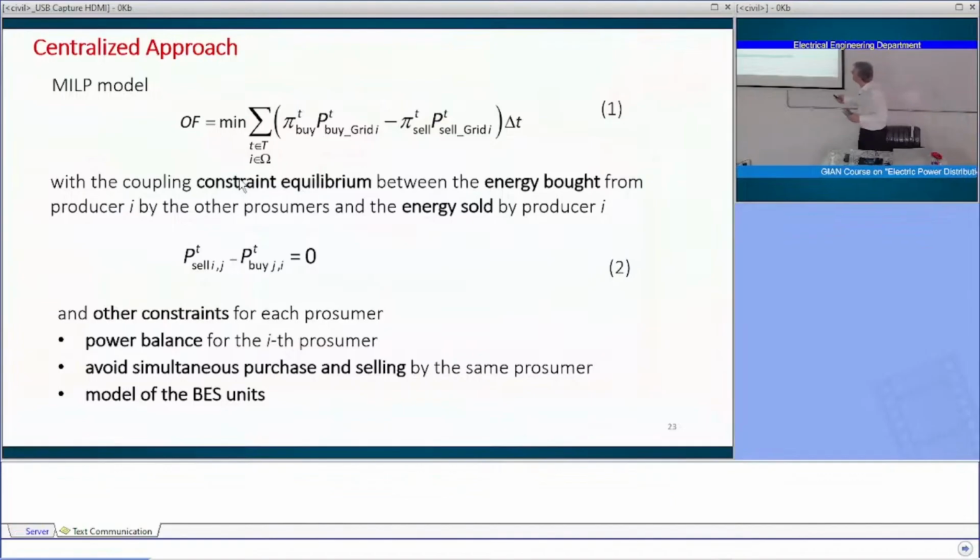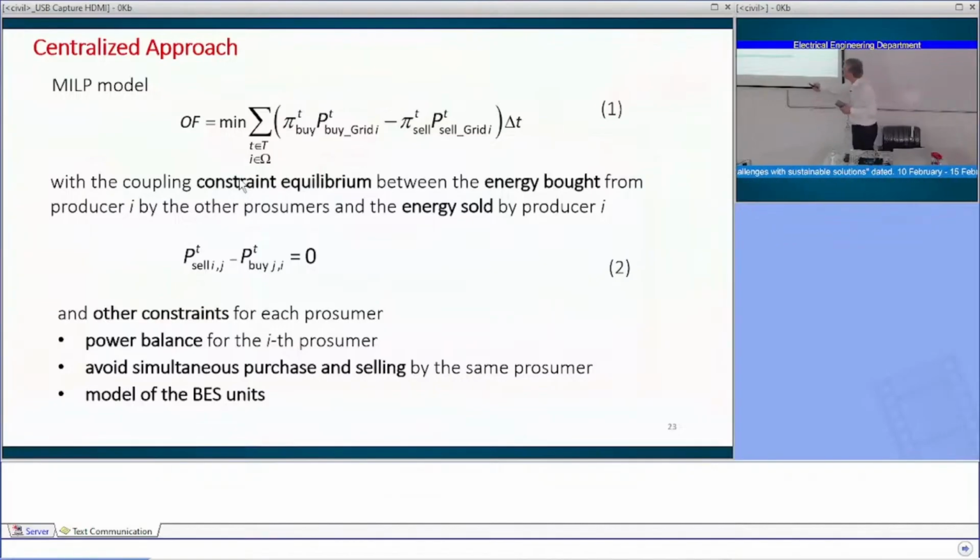Here the symbols are quite similar as before. There is this sell buy grid and sell grid. It means consumption or injection to the retailer, and these are what we mentioned before, P_LEC, the internal transaction. We wanted to be more specific because we needed to distribute it. So we want to know exactly what is the transaction, so what is the seller and what is the buyer.